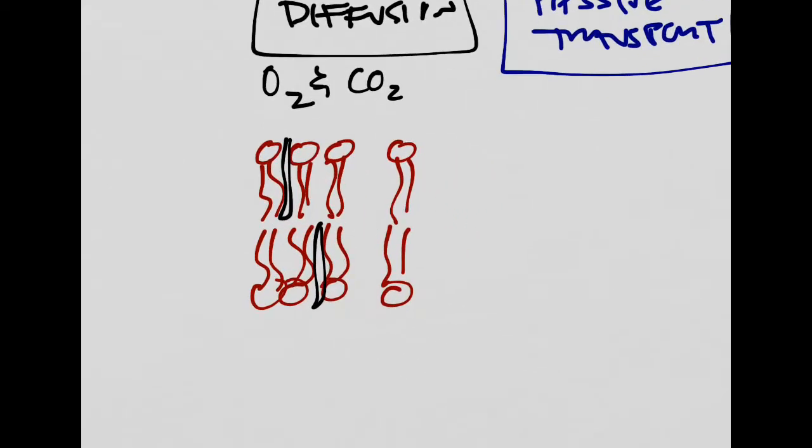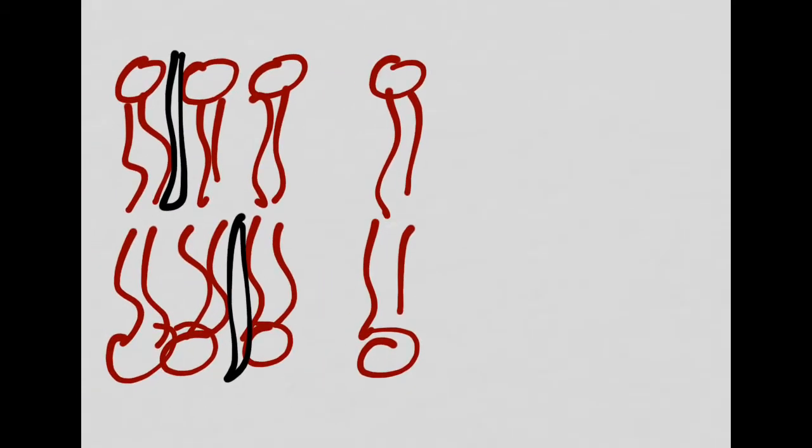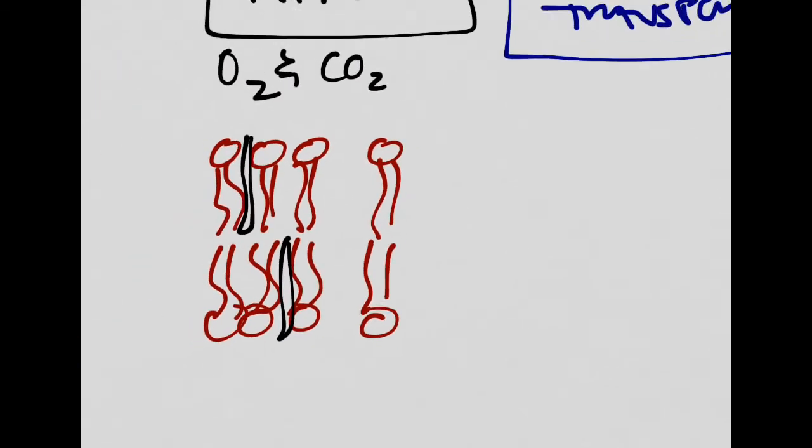And as a result of moving around all the time, there are going to be these gaps that suddenly form. They close up pretty suddenly, but if they close up in one place, they open up in another. So that means there are constant pores that exist in the phospholipid membrane. And these pores allow for the movement of things, but those things have to be non-charged and relatively small.